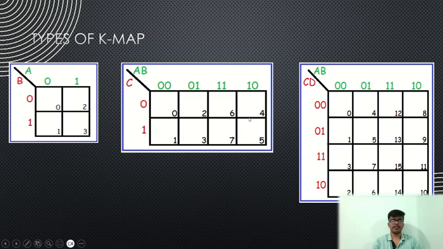Here, in the 3 variable K-map, we have a total of 8 cells of A, B and C. Whereas a 4 variable K-map consists of 16 cells with the values of 0, 1, 2, 3, 4, 5. Where AB and CD are used for the representation, where AB consists of 00, 01, 11, 10, and CD consists of 00, 01, 11, and 10 for the representations of the cell.